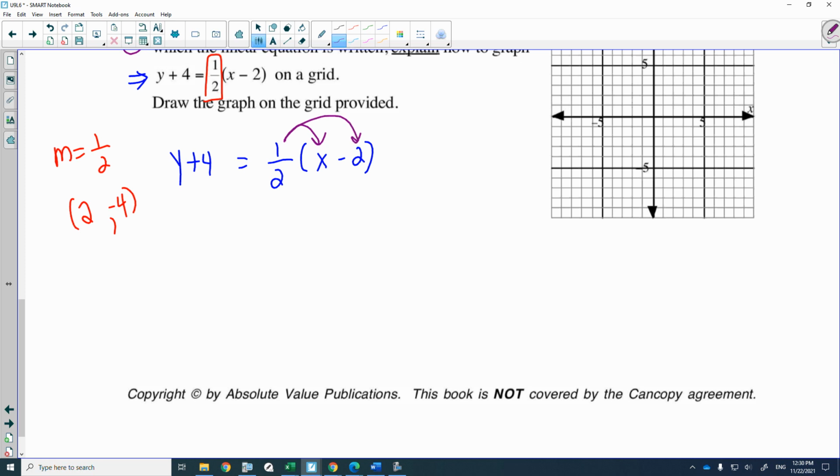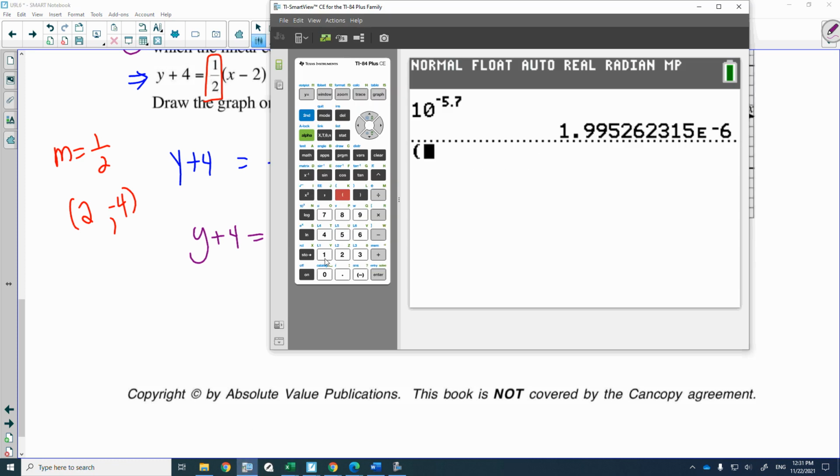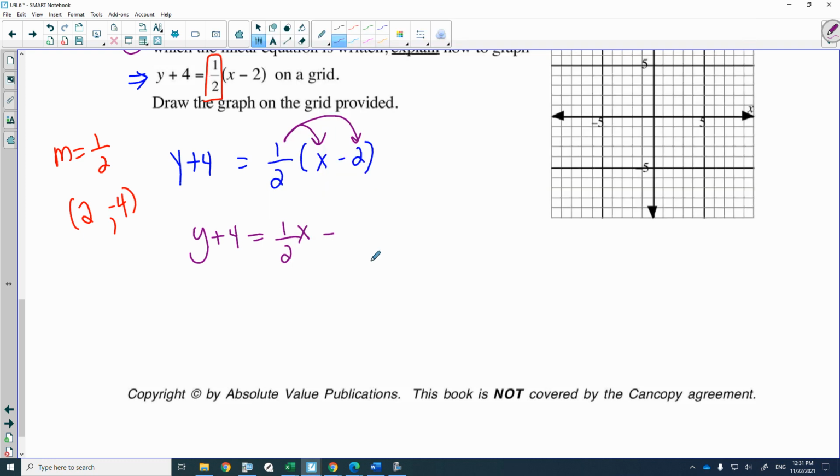What you would have is y plus 4 is equal to 1 over 2x minus, and then remember, if you are unsure how to do this in your head, like a half times -2, on your calculator, you type a half in a bracket, and then we're going to multiply it by -2. So it would be open bracket, 1 divided by 2, close that bracket, multiply that by -2. If you want to verify, the answer is -1. So it's a half x minus 1.